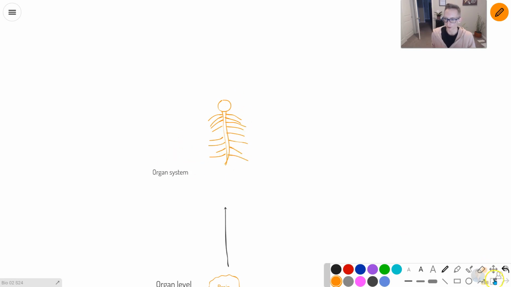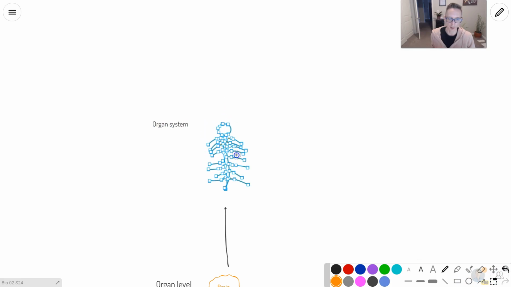This would be our organ system. This would be our nervous system. So for example, we have our peripheral nervous system and our central nervous system coming together to make our nervous system. So these are multiple different organs working together.